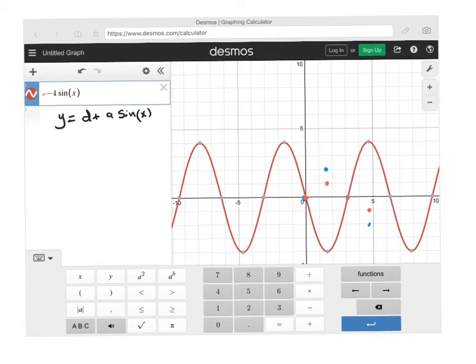It still has a maximum of 4 and a minimum of -4. So this number, this a, is called the amplitude, and that is how high or low it goes, or how far it travels from the center of the graph.